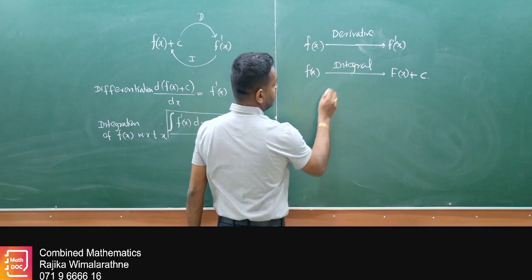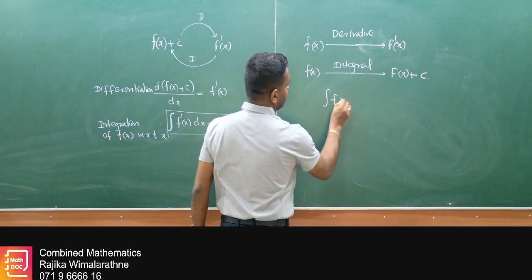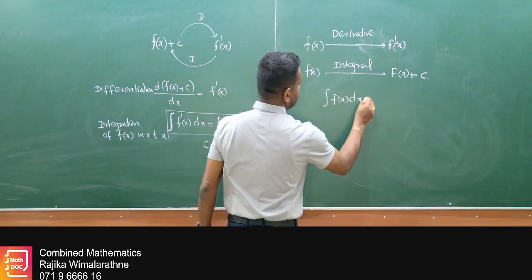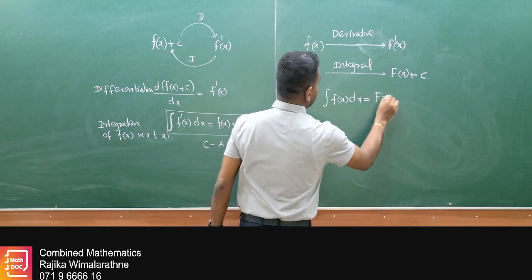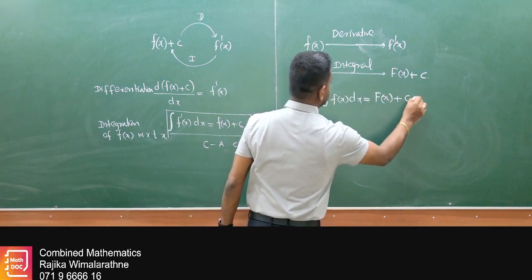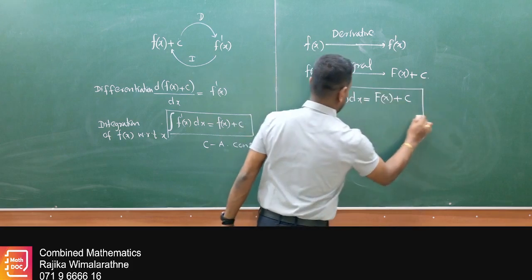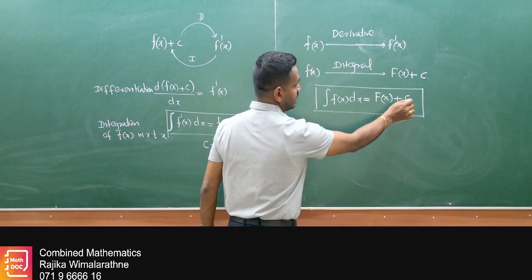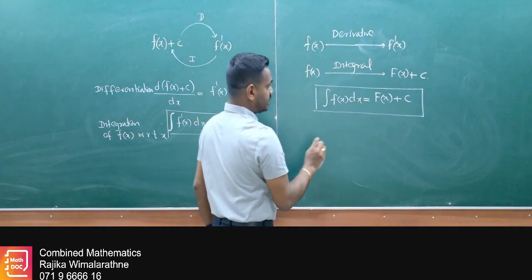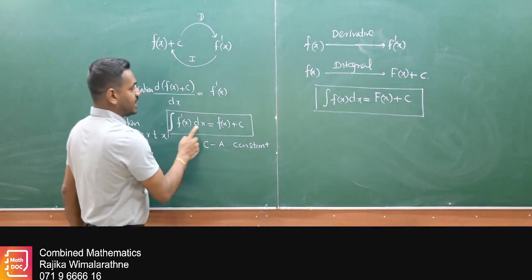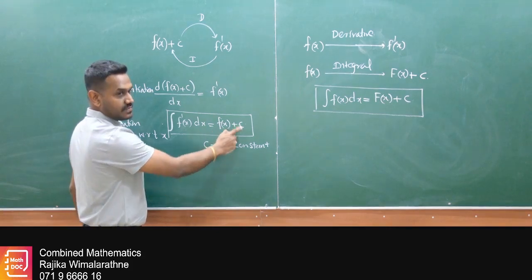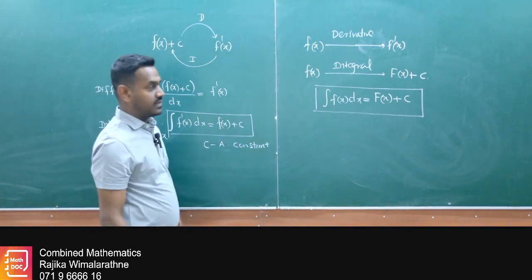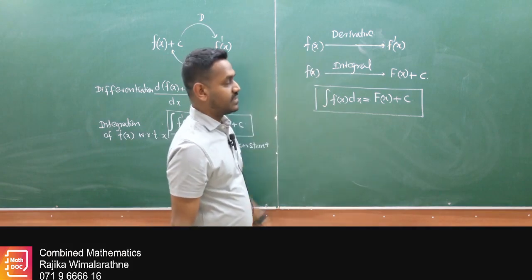Then we denote this by integral f(x) dx equals capital F(x) plus c, c arbitrary constant. Then integral f dash x dx we say f(x) plus c. Okay, similar thing. Put that note as well.